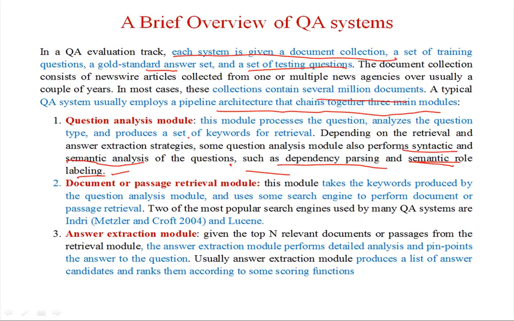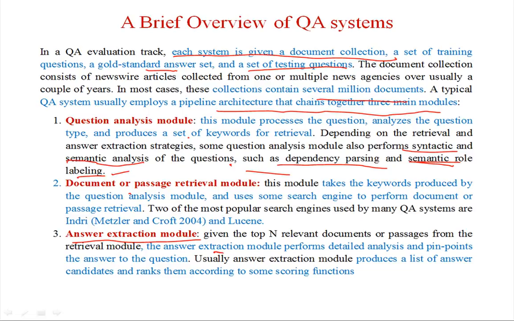And after that, the third stage is the answer extraction module. By using the relevant set of documents, we identify the extracted list of answers, or we generate the extracted list of answers.